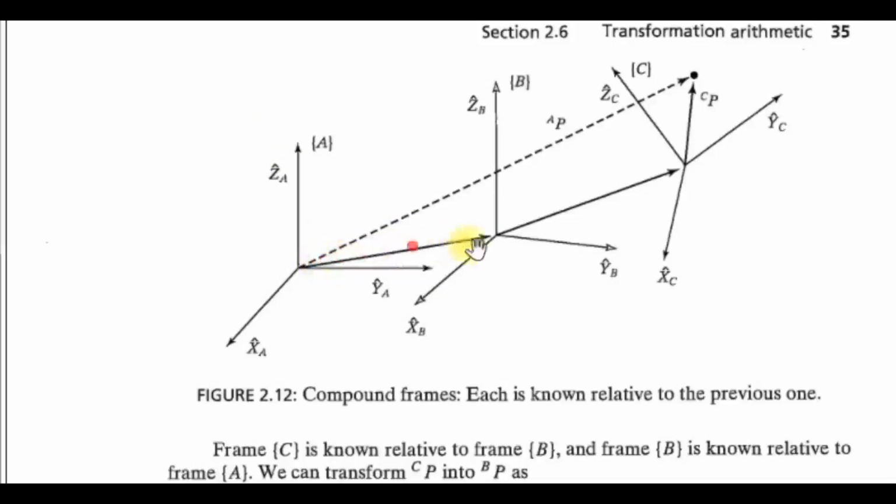So A and B, Z is parallel, Y is also parallel, X is parallel, means it's only translation motion. And here the origin is translated as well as rotated, because ZB is not parallel to ZC. So here translation and rotation have occurred.